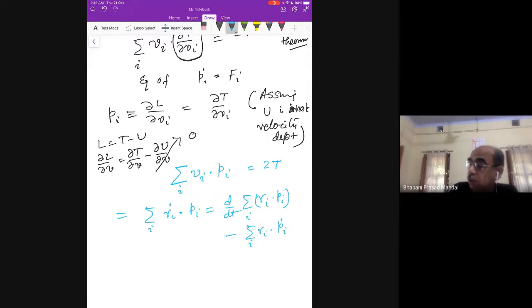The derivative of a product of two terms: the first term is the derivative of R dotted with Pi, the second term is R dotted with Pi dot. I am taking a total derivative, so I am subtract this. Okay, I think this is simple.